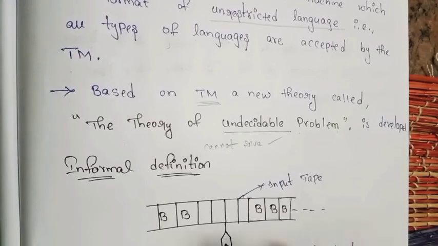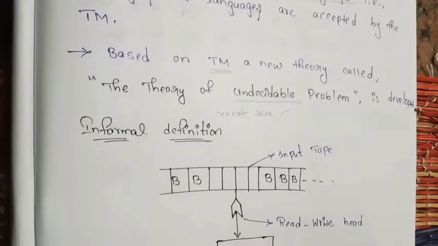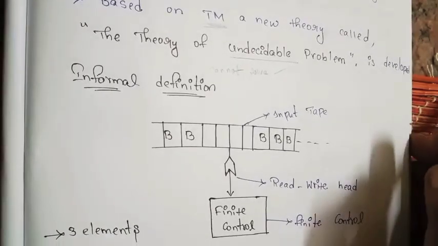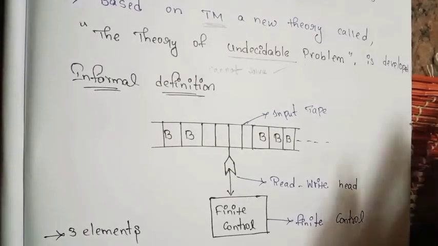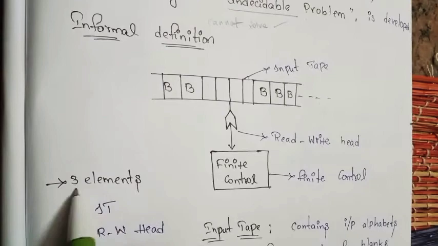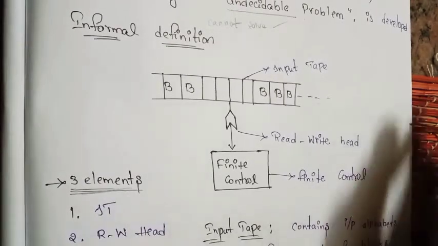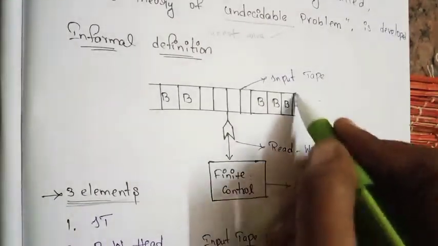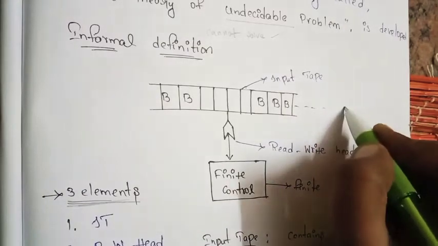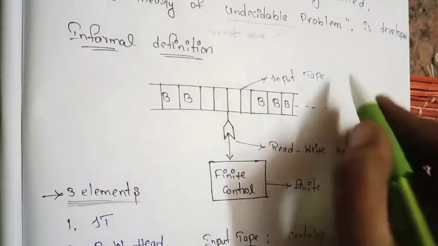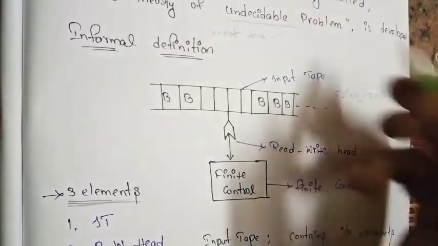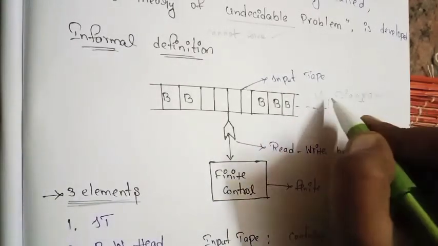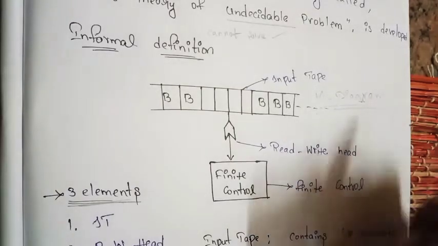Then see the informal definition of Turing Machine. Here in the informal definition of Turing Machine, it has three elements, and it is known as the mechanical diagram.